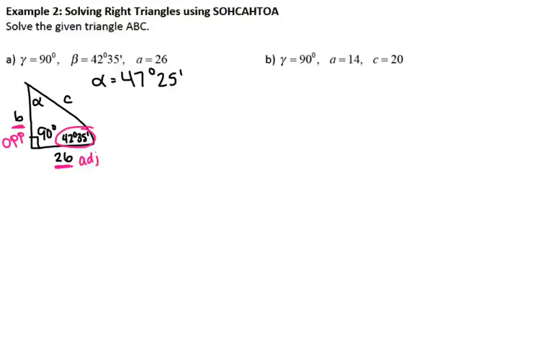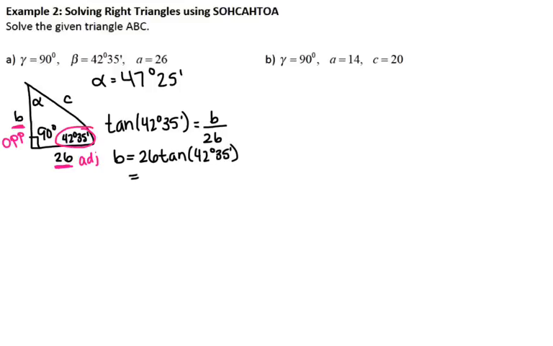Using SOHCAHTOA, you figure out which trig ratio you're going to use. That's going to be tangent, because I have opposite and adjacent. So I have tangent of 42 degrees, 35 minutes, equals my opposite side, which is B, over 26. Since my B is on top, I can go ahead and multiply the two. So that's 26 tangent of 42 degrees, 35 minutes.